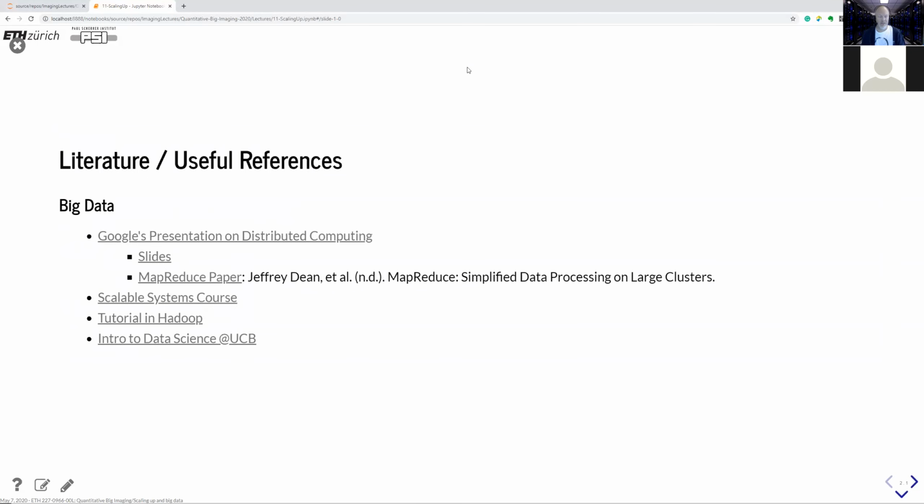So first, a little bit of literature. Today, we don't have John Ross, but there are a lot of other references, mainly slides and lectures online on YouTube, about how Google is working with distributed computing, a tutorial on Hadoop, etc. There's also one intro to data science, which is a link to an actual class, but there are some videos on that one too.